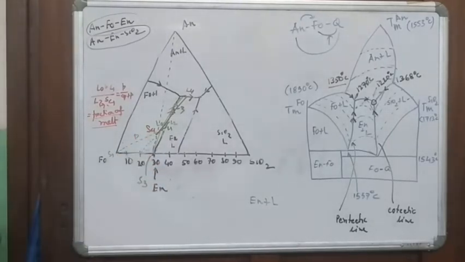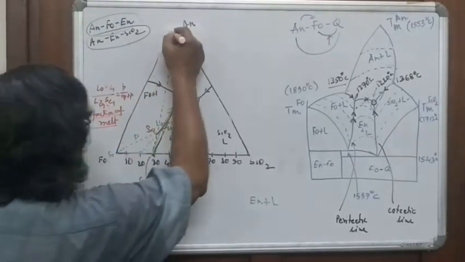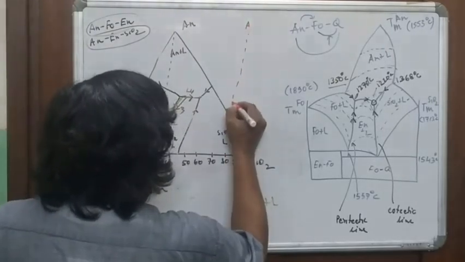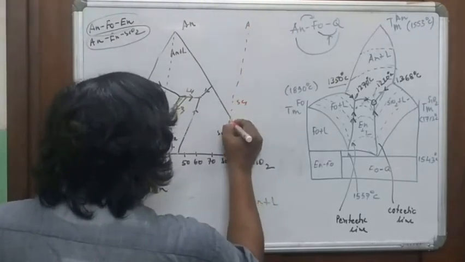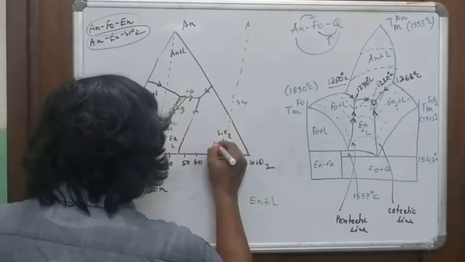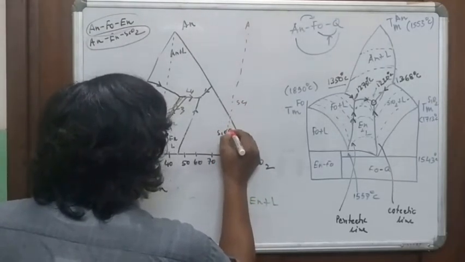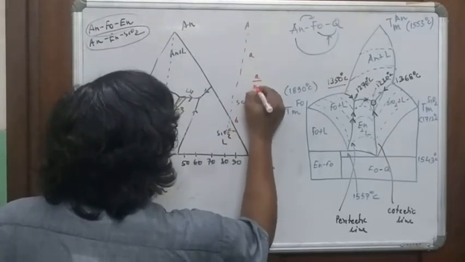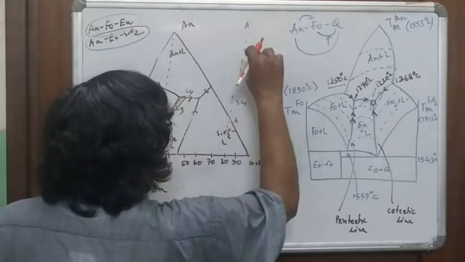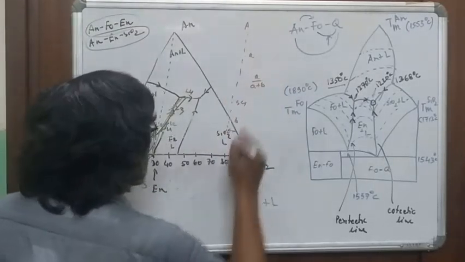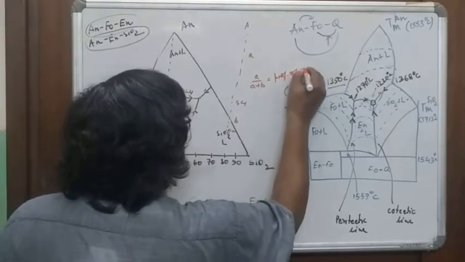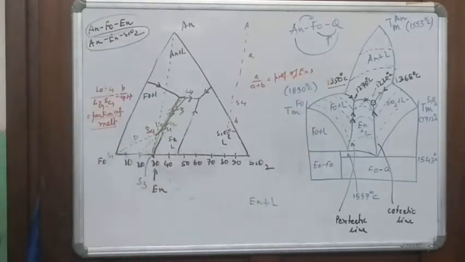If this is your S4, then you see in this line, anorthite, S4, and enstatite. And if you do this A and this is B, then A divided by A plus B is the proportion of enstatite. Is the proportion of enstatite.